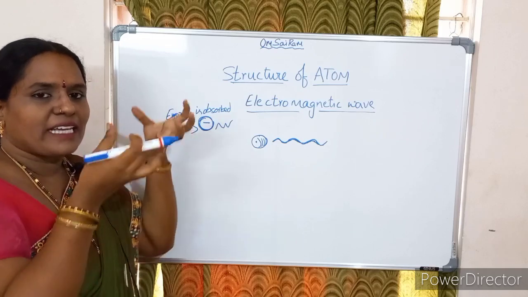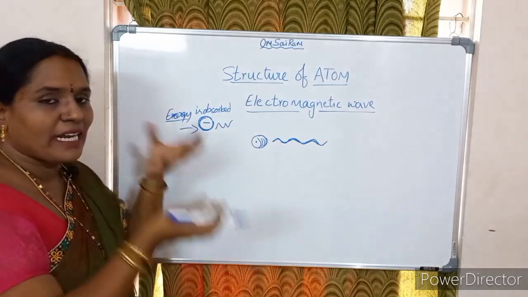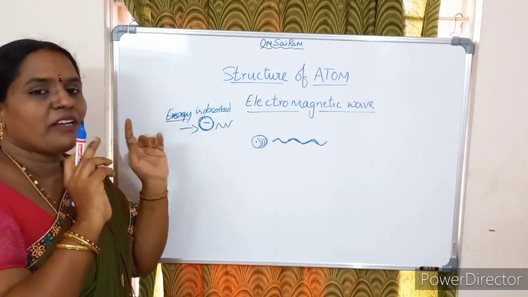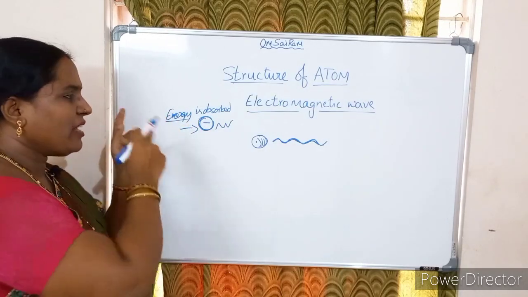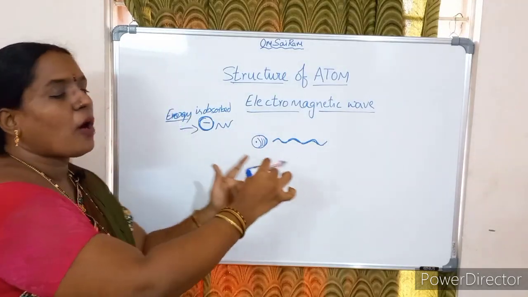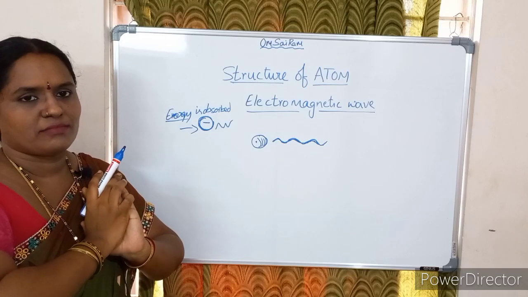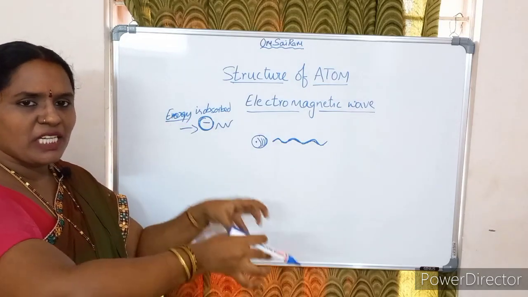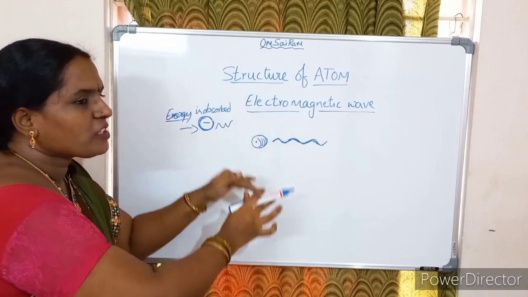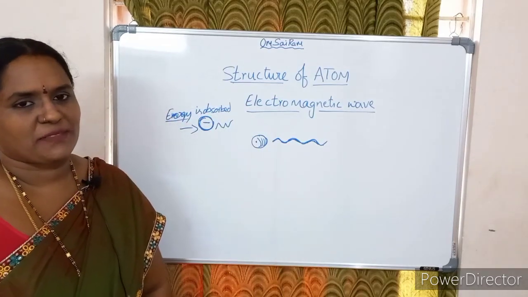The electron gets excited and vibrated, but it is not stable in that vibrating state. It emits the energy absorbed in the form of green colored light and returns back to its normal position.